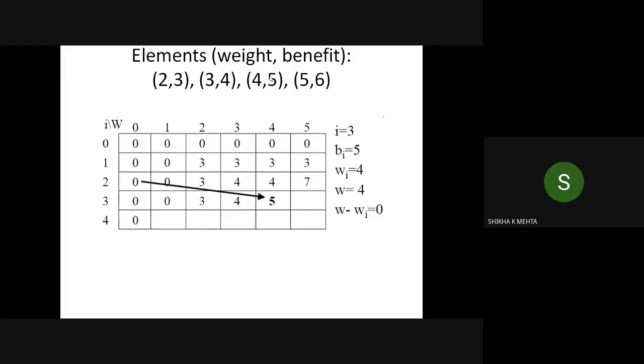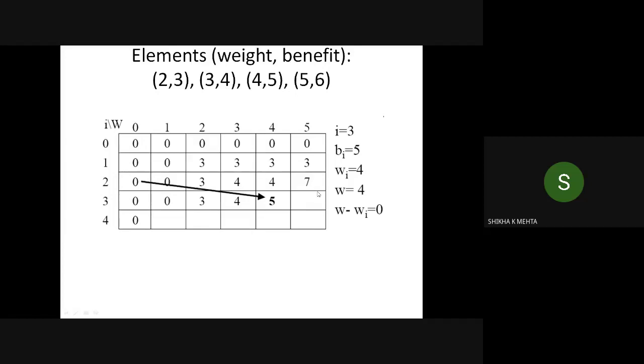So we will see which one is giving us the maximum benefit. The maximum benefit is given if we take up the first 2 items rather than the second item alone, that is 4. If we take only the third item, because we have a knapsack capacity of 5, we are going to get a benefit of only 5. But if we put these first 2 items, then the total benefit will be 3 plus 4 is equal to 7.